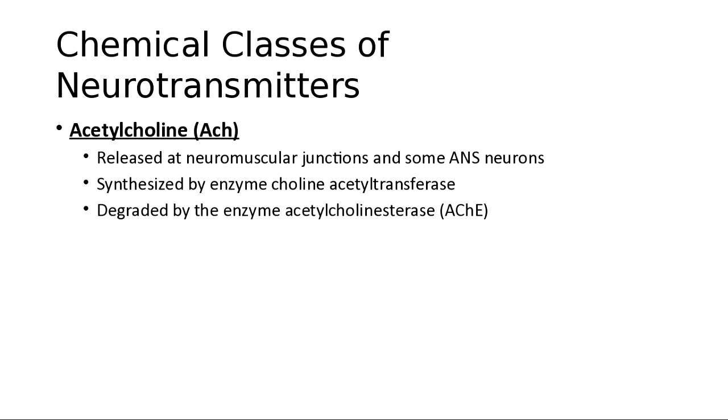Now, there are many, many types of neurotransmitters, and we're going to talk about them based on function and structure. The first is going to be acetylcholine. We've already talked about it at the neuromuscular junction. It's also active in a lot of the autonomic nervous system. It's synthesized by choline acetyltransferase, and it's degraded by acetylcholinesterase.